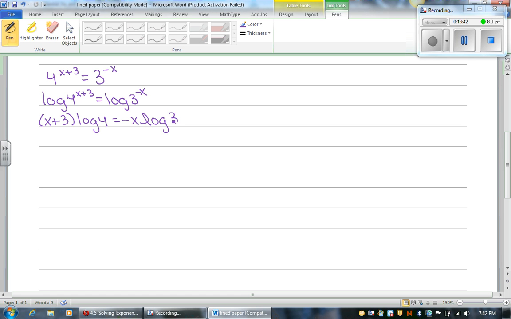One of the ways that I am able to rewrite this is by taking this x plus 3 and breaking it up into 2. So I could say x log 4 plus 3 log 4. I know we haven't seen that done before, but that is another way that I can do it. It's simply removing parentheses.